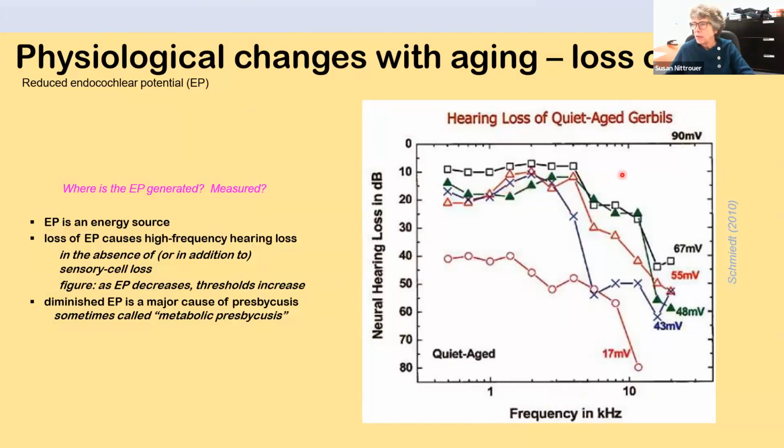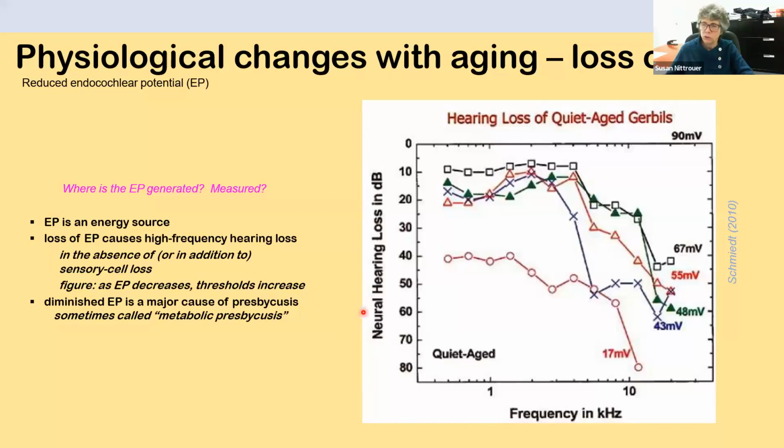Over here, this graph is quite interesting. Again, this is from the same study. These were quiet-aged animals. You can see that as the endocochlear potential, which is what's shown here, declines, the amount of hearing loss in the high frequencies becomes greater.